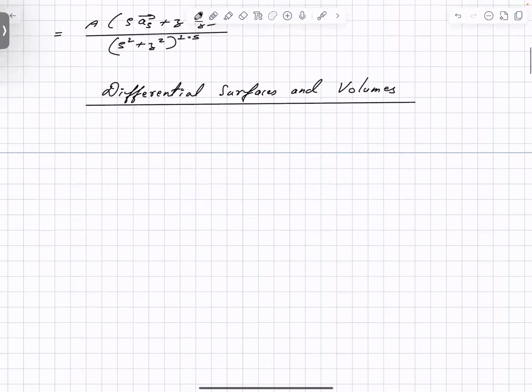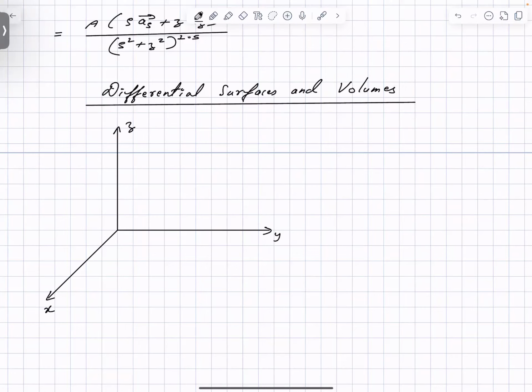Okay, so let's consider the cylindrical coordinate system. And in this system, imagine an object, a three-dimensional object, infinitesimal in volume.